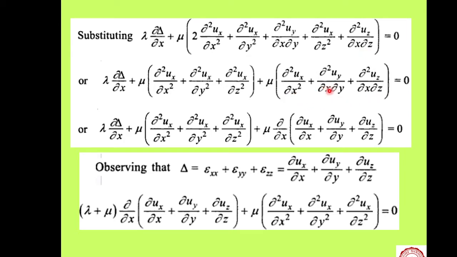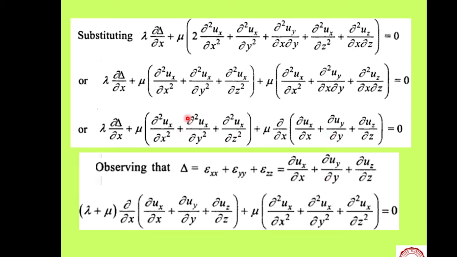And from this part, if we take del x as a derivative, what will be remaining from here? Del x ux, del y of uy, del z of uz. This is true, and we know that this part is our delta actually. That is true.